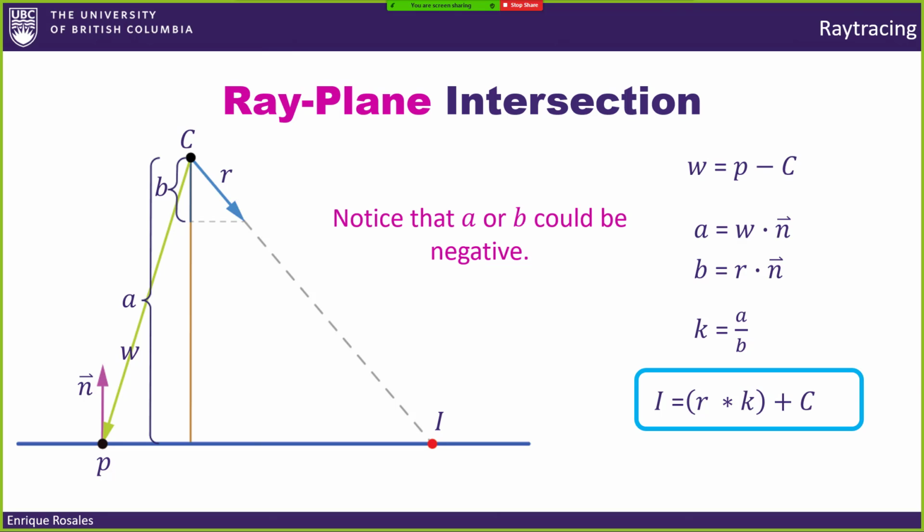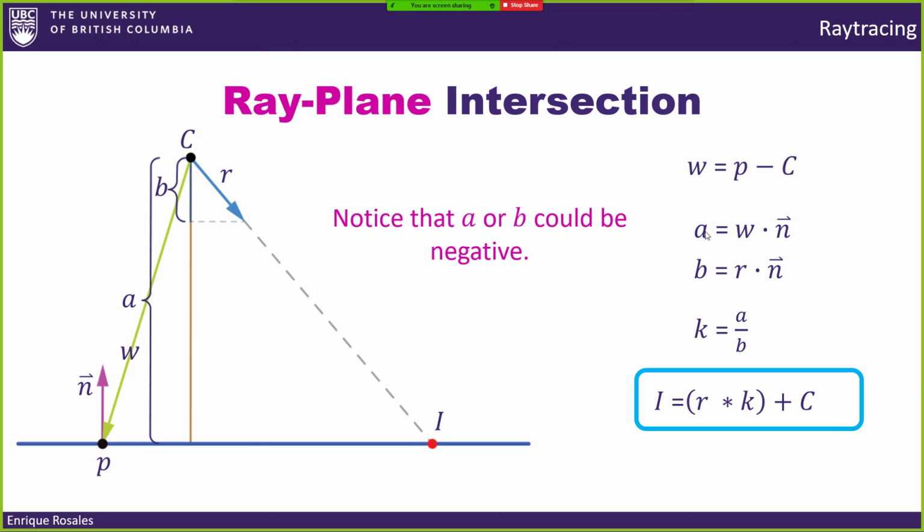Of course, because we have a dot product, depending on the direction of these vectors, W and N, and R and N, these can be negative, right? If both are negative, imagine we have, I don't know, minus 130 over minus 30, in the end I have a positive ratio, right? The thing is, I want the ratio. But yeah, that is true.